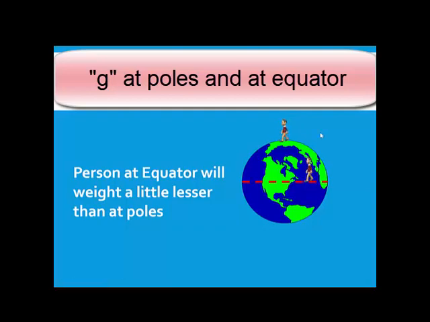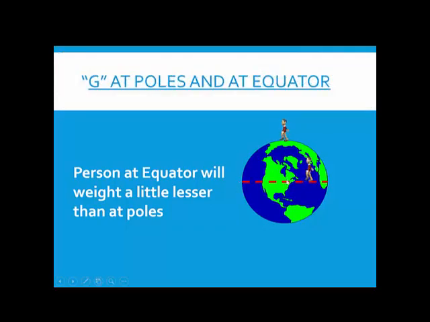And now you know the reason why. It is all because of the slight difference in the acceleration due to gravity, which is because the earth is slightly flat from the top. That's why the distance between the pole and the center of the earth is less than the distance between the equator and the center.